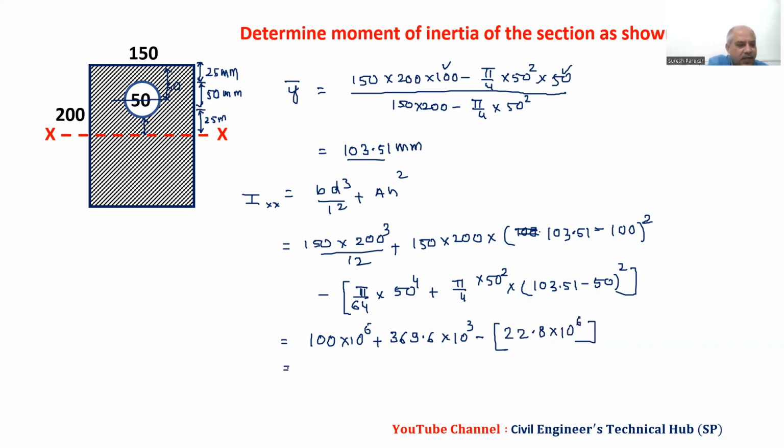And from this we will get 100 to the power 6 plus 369.6 to the power 3 minus 22.8 to the power 6. And it comes to 77.57 into 10 raised to 6 millimeter to the power 4.